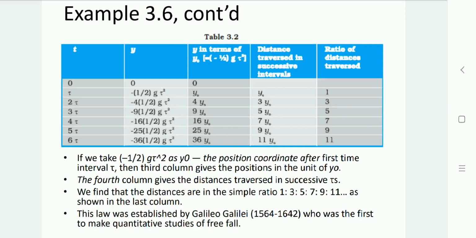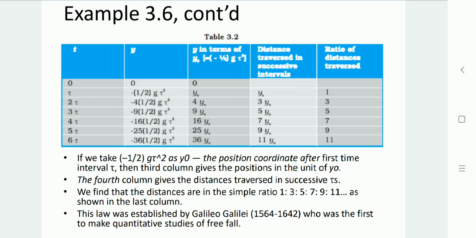Now place time t equal to tau, so the y equation becomes minus 1/2 g tau square. Here that is the initial y0, so distance traveled y0. By taking its ratio, it would be 1. Now place 2 tau, so the y equation becomes minus 4 times 1/2 g tau square, so that would be equal to 4y0.